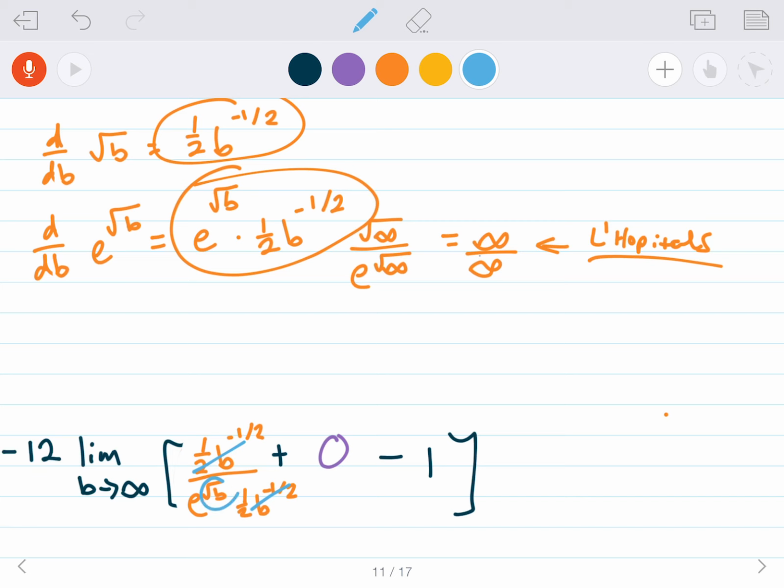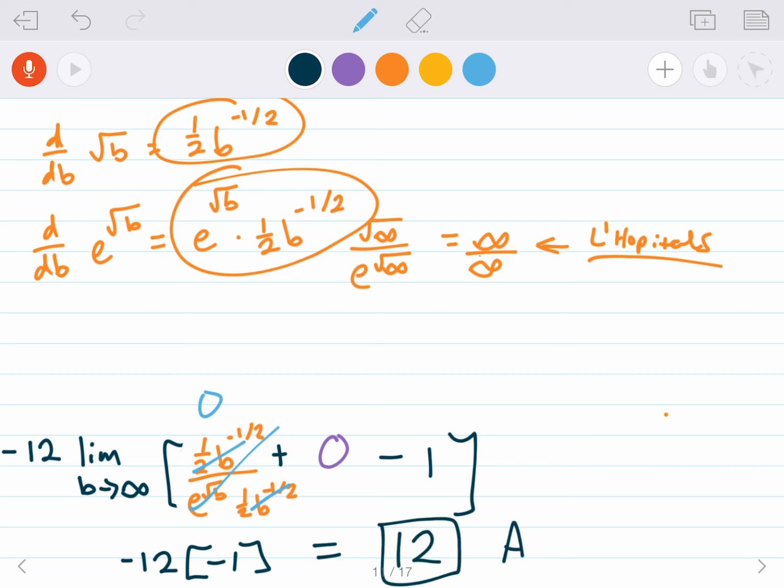When b gets huge, when we plug in infinity again, that thing goes to 0. We have 1 over infinity, that goes to 0. So this guy goes to 0. And what we're left with at this point is just negative 12 times negative 1, which equals positive 12.